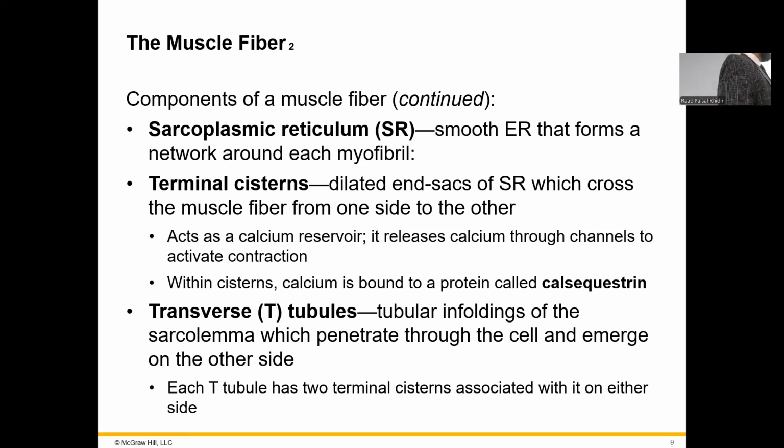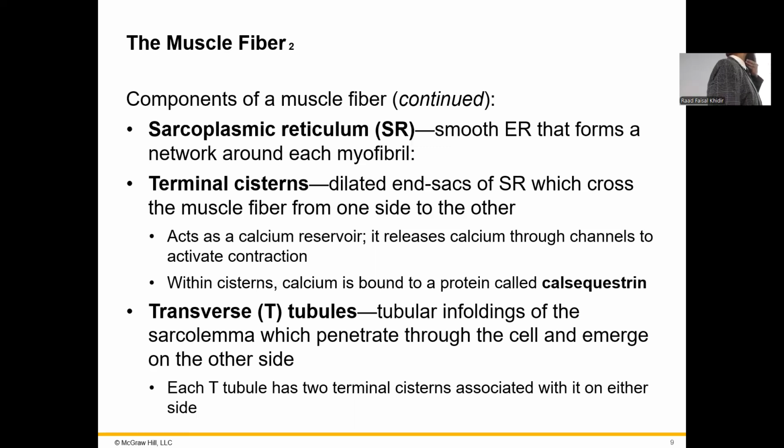The smooth endoplasmic reticulum is important for detoxification processes, removing metabolic toxic waste, and also for lipid biosynthesis, making fats so that we can utilize them and catabolize these fats and get ATP.